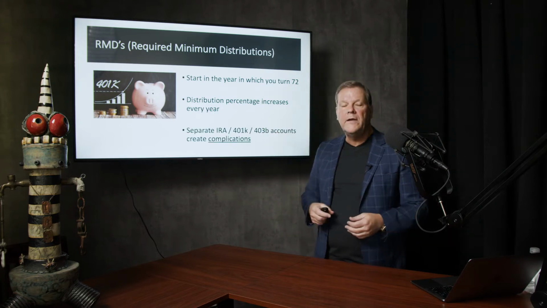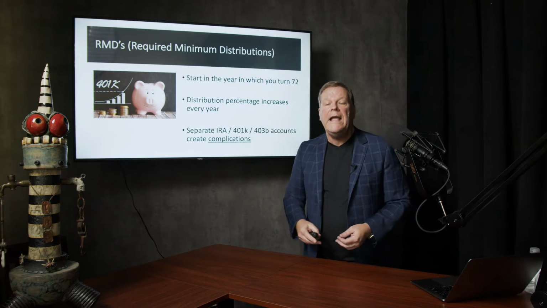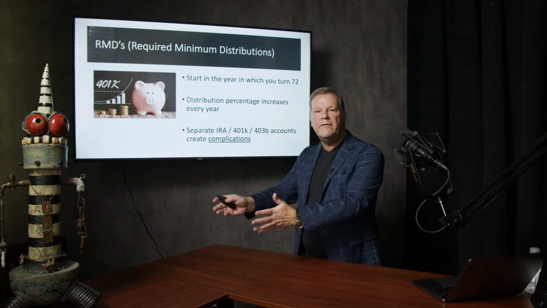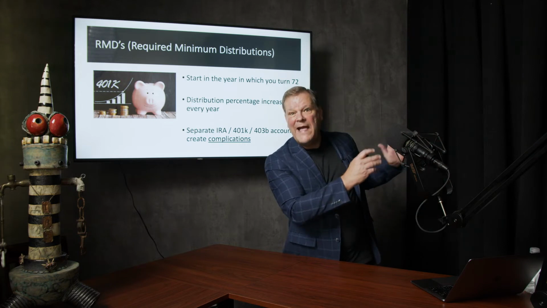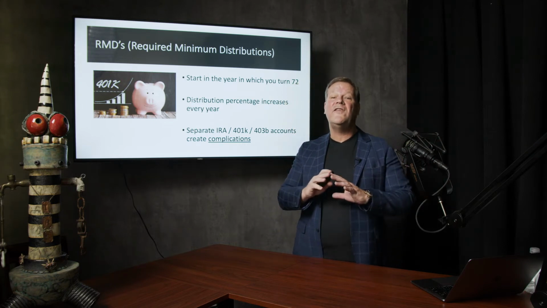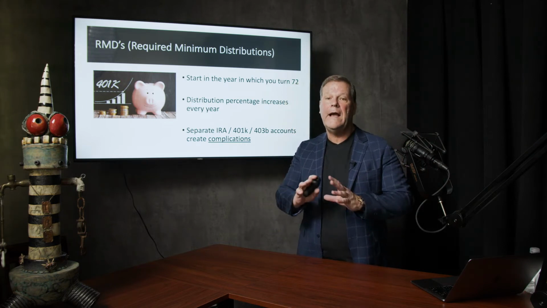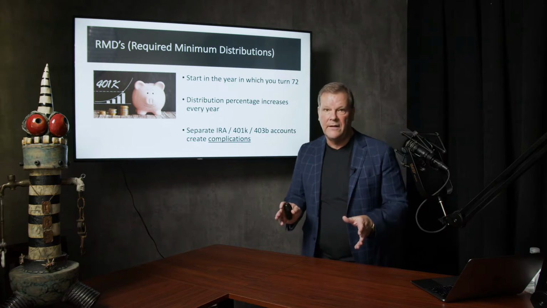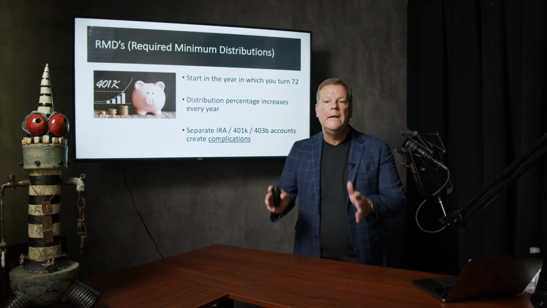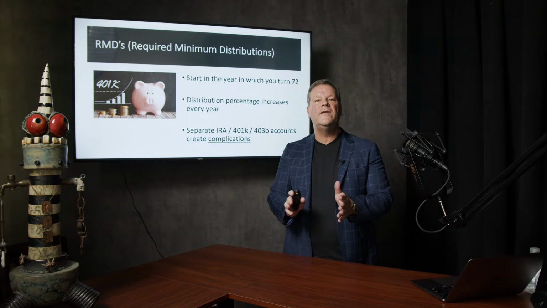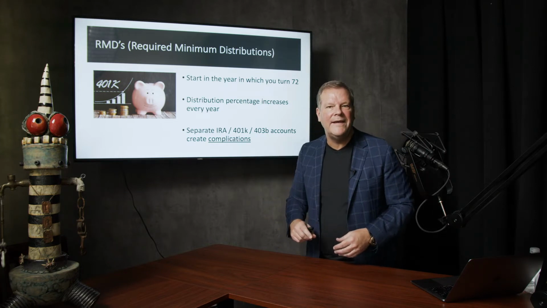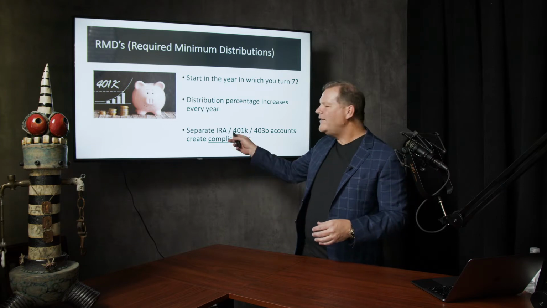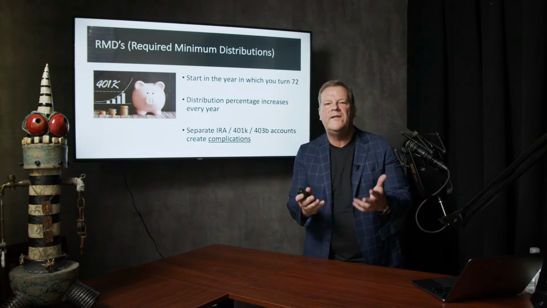And of course, if you retire and you have a 401k over here and a 403b over there and an IRA over in that corner, you're just asking for complications. You're just asking to mess it all up. If you get nothing else out of tonight's video, it's this. Once you retire, just get everything into IRAs, because that's what the system's really designed for.